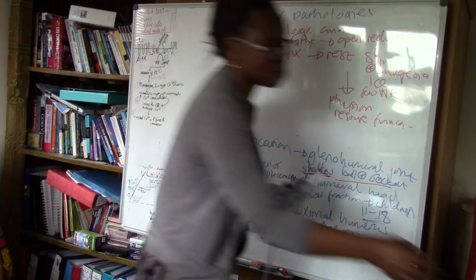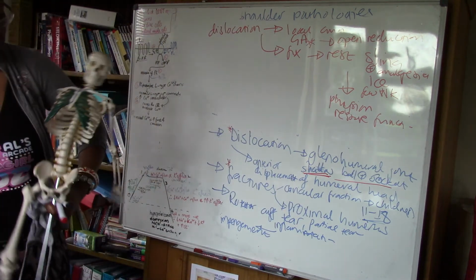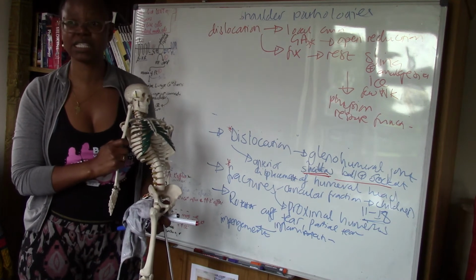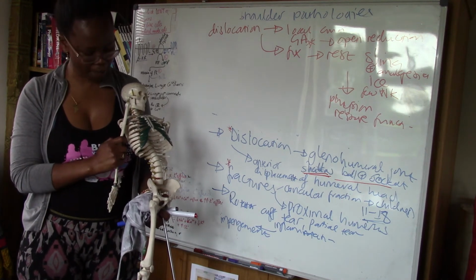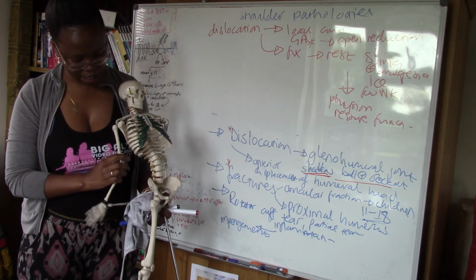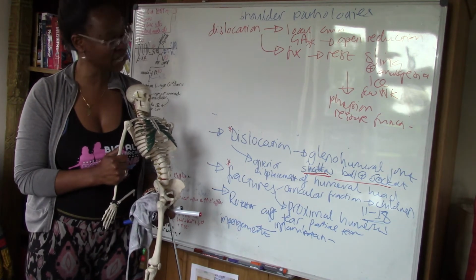But indeed, it is possible that you can have a dislocation where the joint perhaps ends up there in terms of a massive trauma, and obviously trying to reduce that back will be near impossible, especially if there is a lot of pain, swelling.